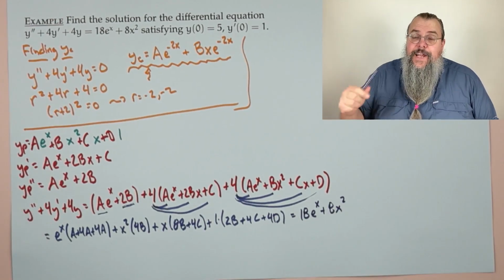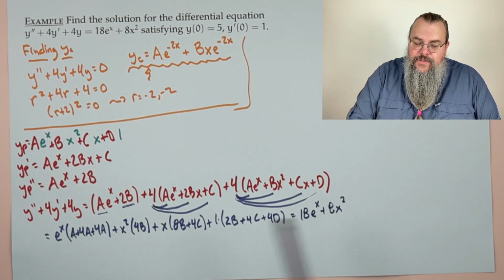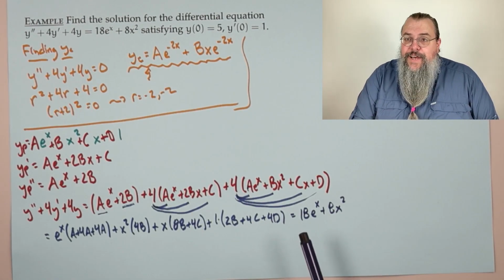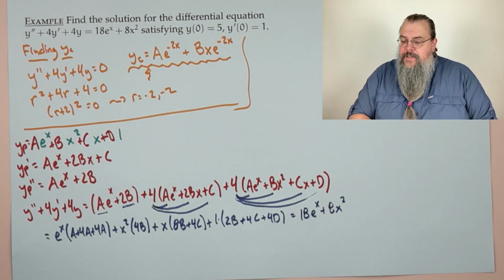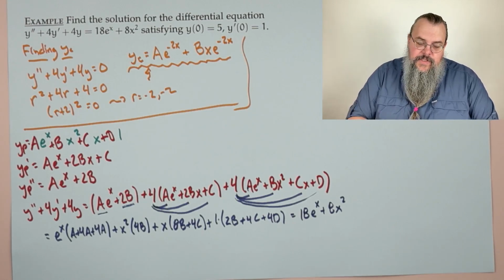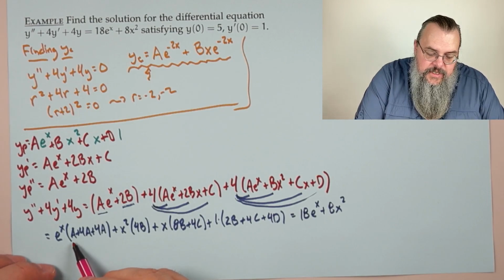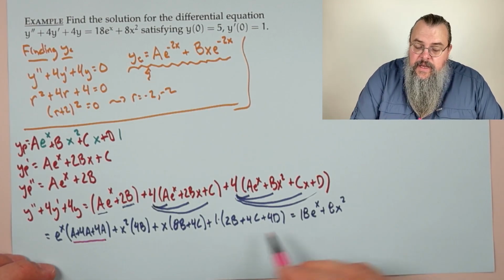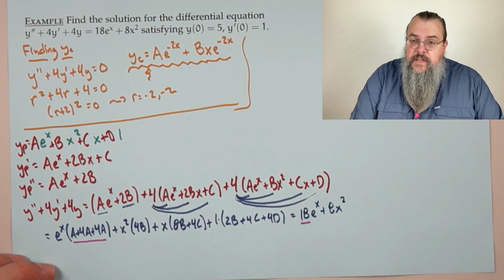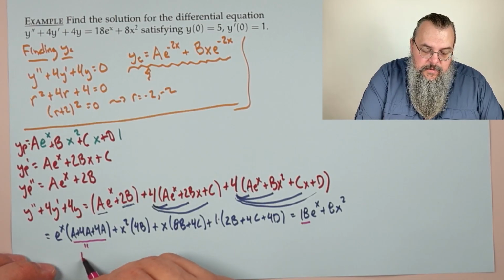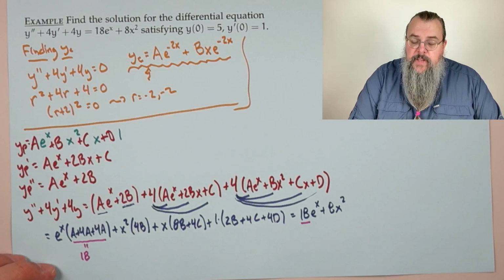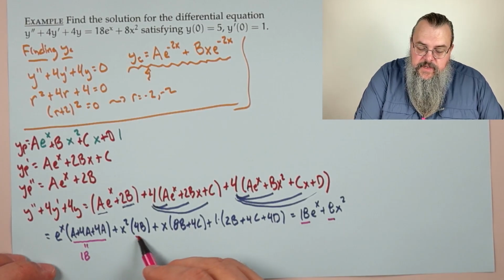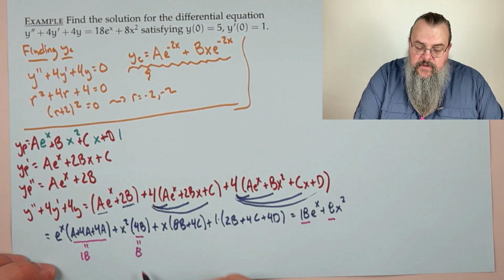And now the great aha: if these two sides match, the coefficients have to match. Well, what does that tell us? The coefficient here, a plus 4a plus 4a, of e to the x has to match the coefficient of e to the x. So this part needs to equal 18. The coefficient of x squared has to match the coefficient of x squared. So this part has to equal 8.